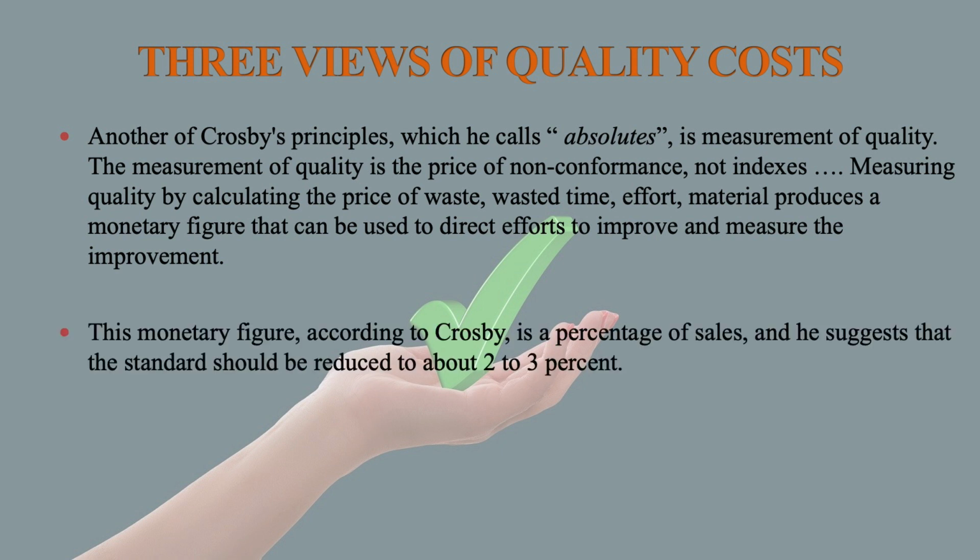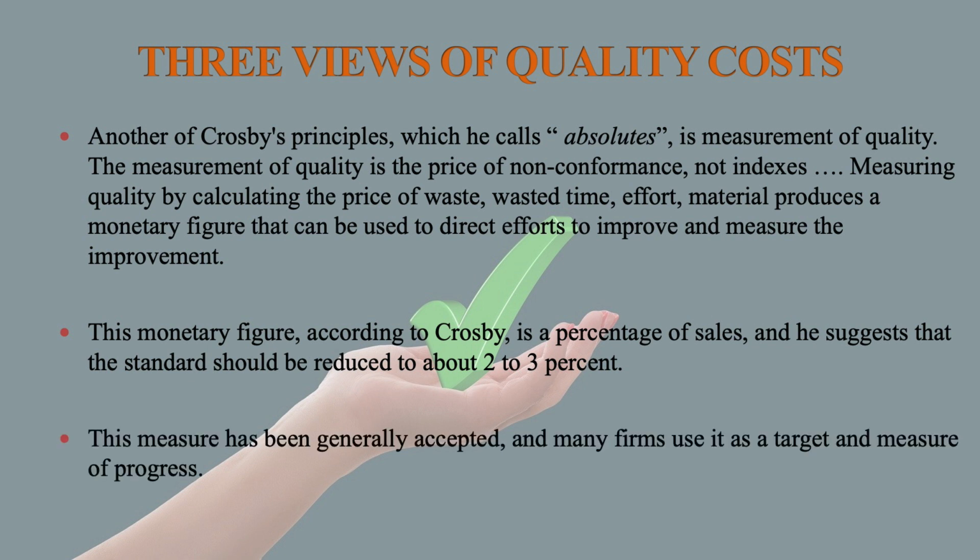The monetary figure, according to Crosby, is a percentage of sales and suggests that the standard should be reduced to about 2 to 3%. The measure has been generally accepted and many firms use it as a target and measure of progress.